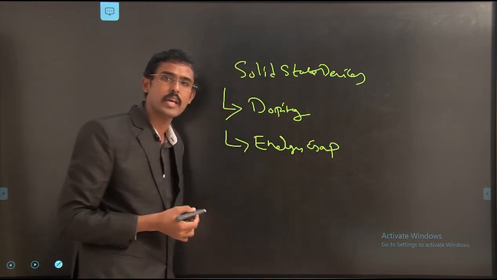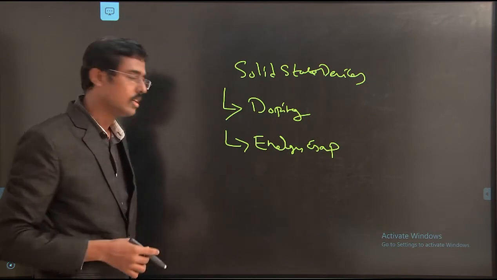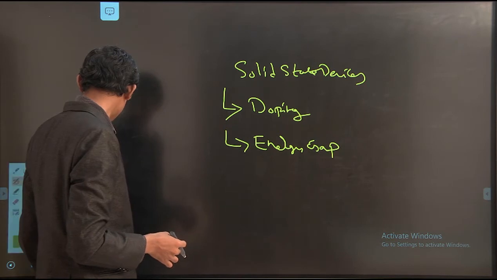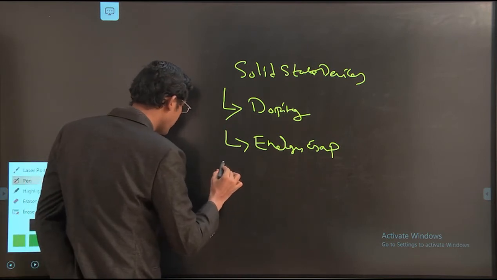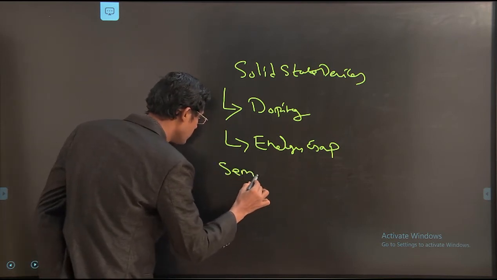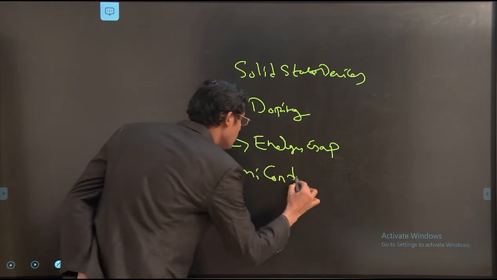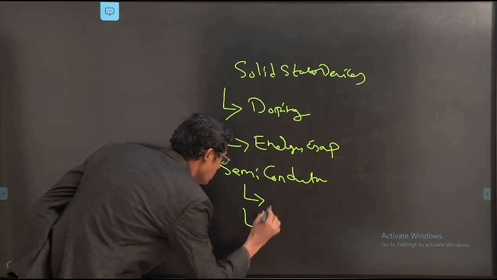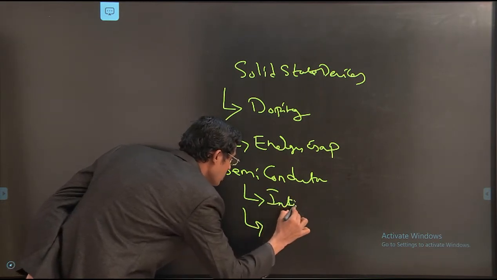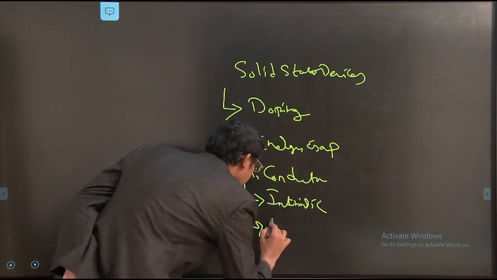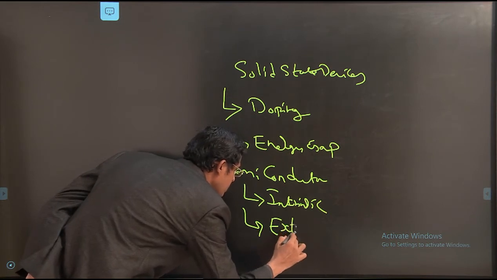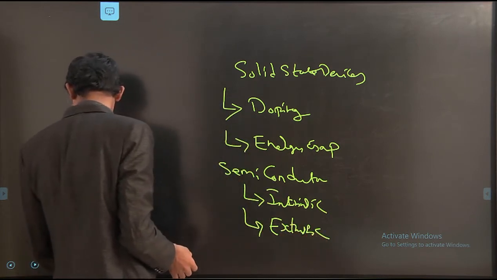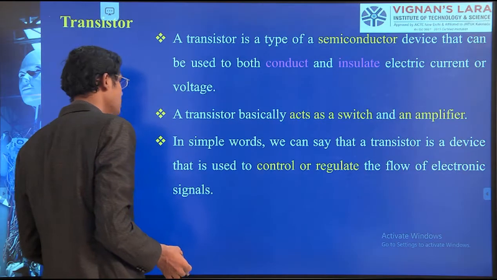So these things we have seen in the last classes. In continuation with that, we have divided the semiconductor into two categories: intrinsic and extrinsic semiconductor. So here we have to see the remaining part in this session.